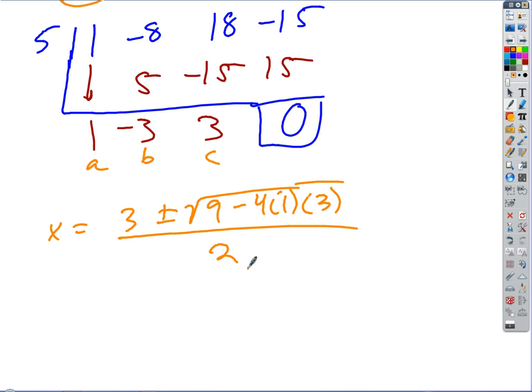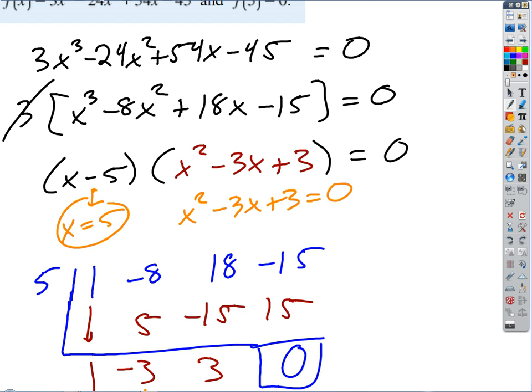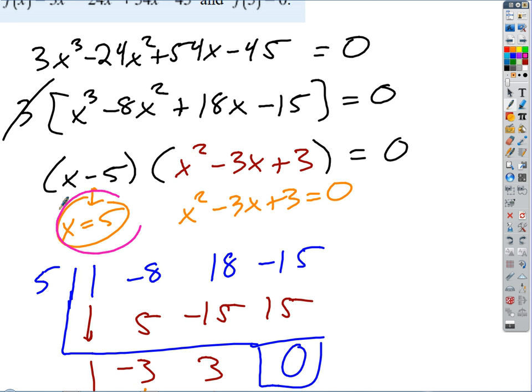Well, what's happening inside the radical there? What's 9 minus 4 times 1 times 3? It's negative. So what am I going to get for my answer if I take the square root of a negative? I'm getting i's. So I can just stop. I'm getting no real zeros out of that, because I'm going to get i's in there. So my only answer is 5. It's only 1.